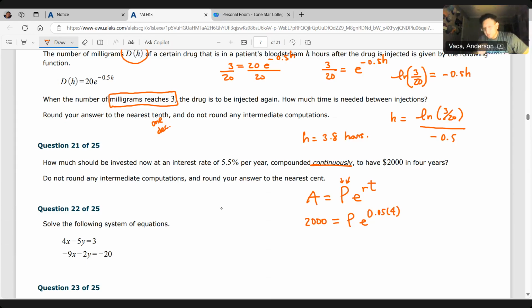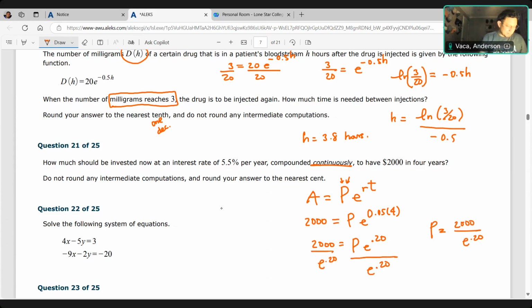Okay. All right. Well, let's see. 4 times 5 is 20. So let me just rewrite this a little bit better. And all we need to do here is, this is a number. Believe it or not, this is a number that is multiplying P. So we just need to divide by the quantity e raised to the 0.20 power. And so therefore the principal will be, let me just write it out.